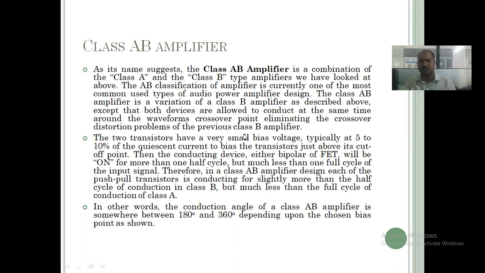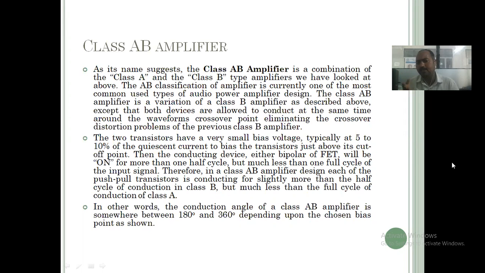Bias voltage indicates that during that crossover portion, your transistor should work, right? So the transistors should work, meaning they should not be turned off. That's why whatever signal would be distorted in case of class B, that is not distorted. So in that case there should not be distortion coming. So then the conducting device, either bipolar or FET, will be on. See, I'm telling you we know that in case of class B, during that period no transistor is on, right?